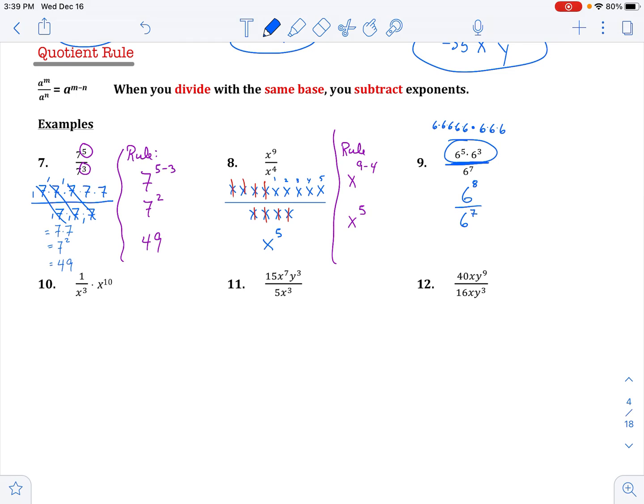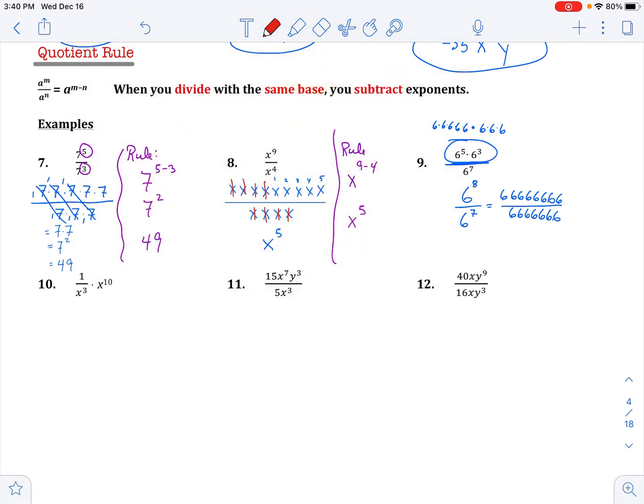And when we do that, 8 of those divided by 7 of them in the denominator is going to give me 6 to the 1st. Again, if you're not sure, 1, 2, 3, 4, 5, 6, 7, 8, divided by 7.